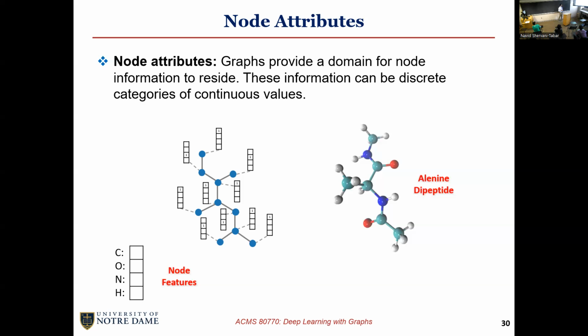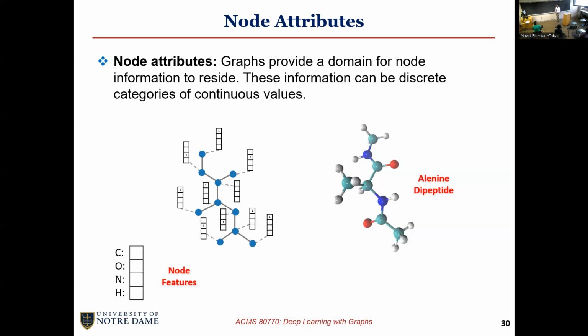So here we have 4 categories, which are representing the type of atoms that we have. And for each atom, we set the corresponding element to 1, and everything else to 0. So if I'm representing this atom, which is an oxygen, I'm setting the second element to 1, and everything else is 0. So that is the type of feature I want to represent. And we can represent that on each element on the graph.